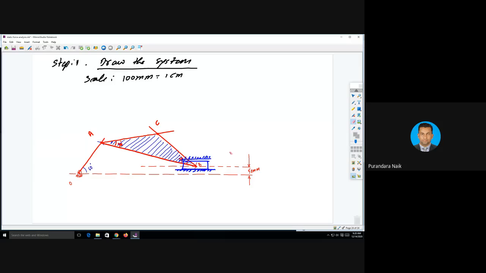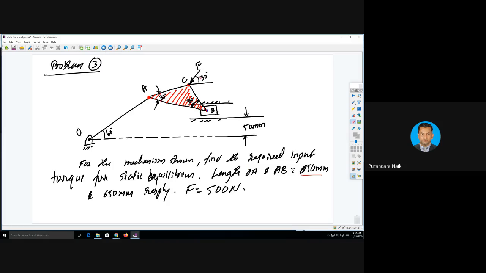Anything else? Force is there, right? You need to mention the force. At what angle is the force? At an angle of 30. Look at this, this is 30 degree.